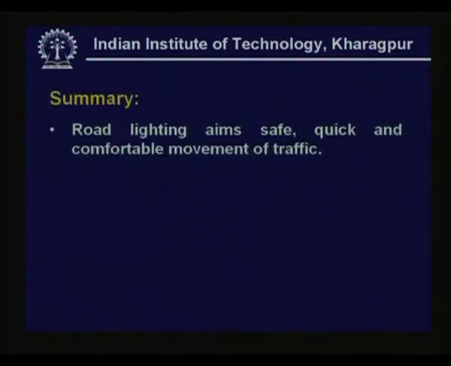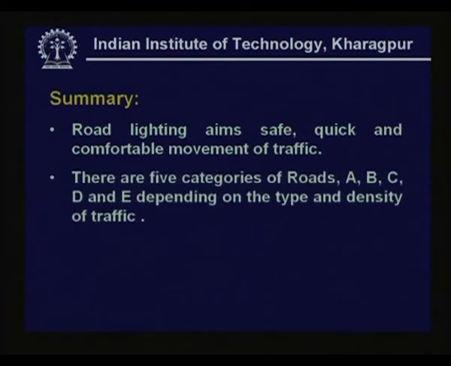In total, the summary of this lesson may be: road lighting aims at safe, quick and comfortable movement of traffic, which may include heavy traffic, light traffic, pedestrians, depending on the nature of the road. The categories of the roads are A, B, C, D and E, depending on the type, density and mixture of the traffic.